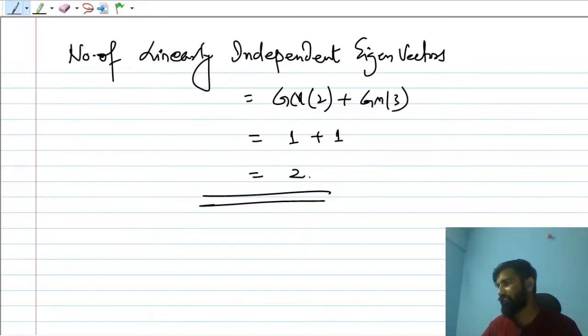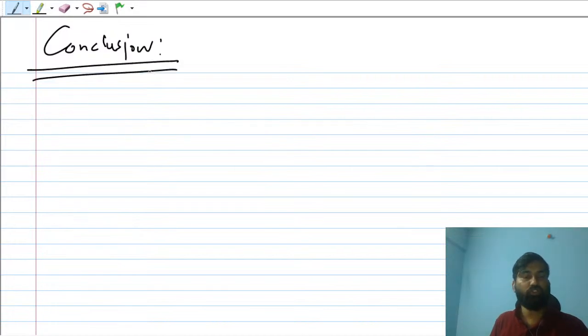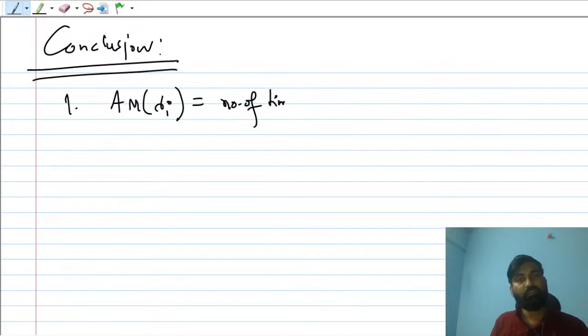Eigenvalues and eigenvectors: how to find the number of linearly independent eigenvectors. Let me conclude here. Keep in mind how to evaluate. Number one is AM: AM of lambda i is the number of times lambda i is repeated.